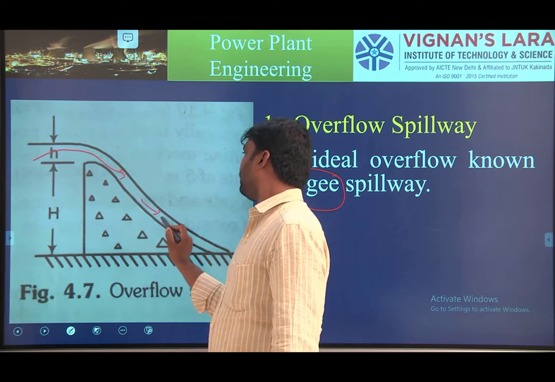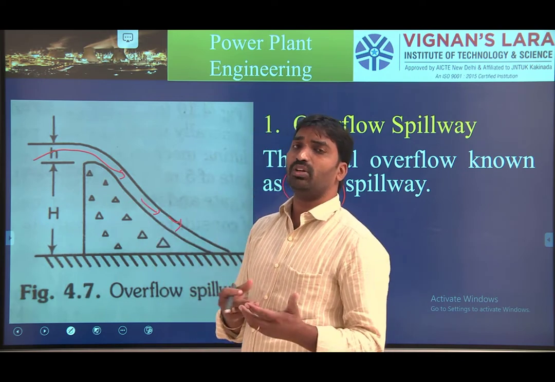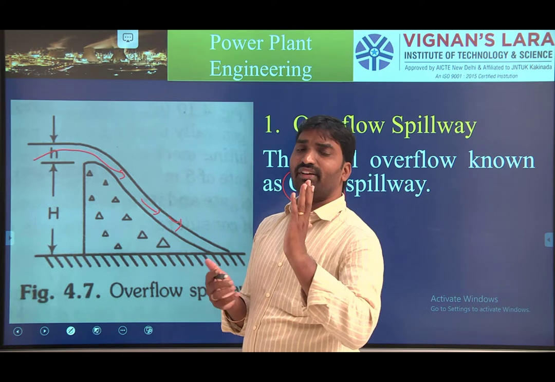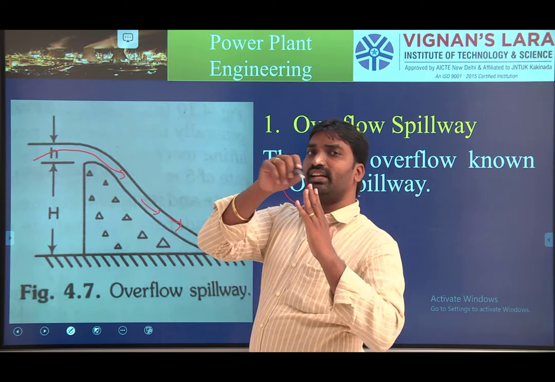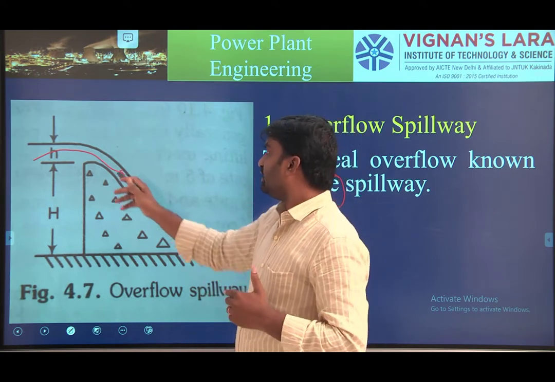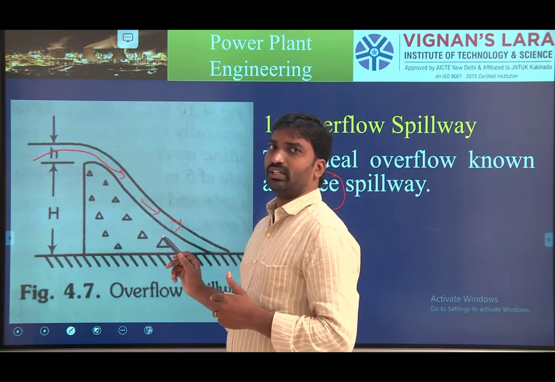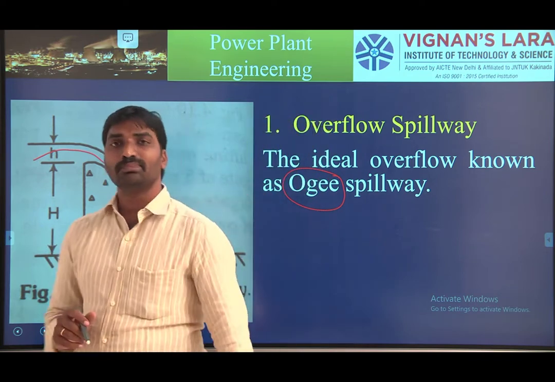This is the spillway. We don't maintain a high amount of water. When the water reaches the maximum point, from that point we create a path, and through that path the water drains from the storage.